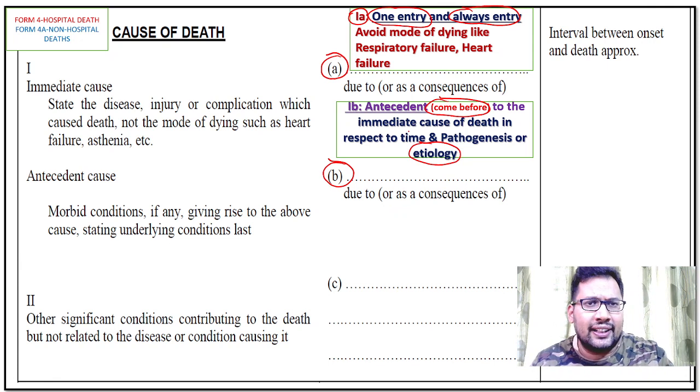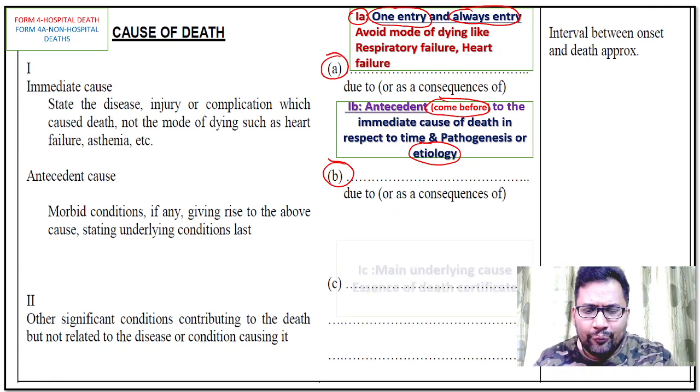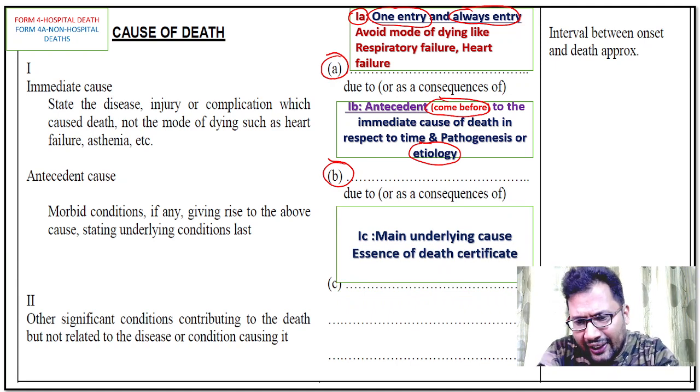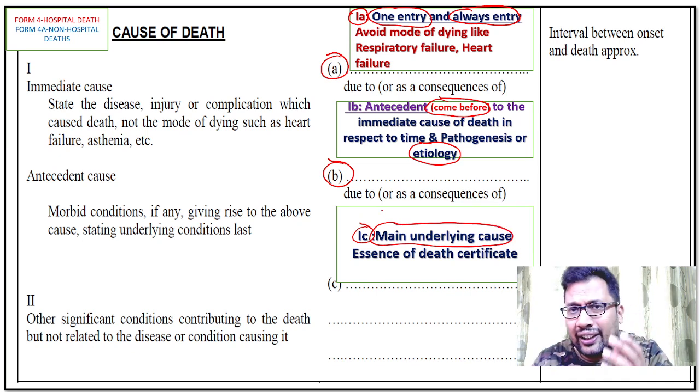That is antecedent, 1B. 1C, main underlying cause. So, for example, COVID-19 is a main underlying cause. This is also known as the essence of the death certificate, commonly asked in NEET exam.